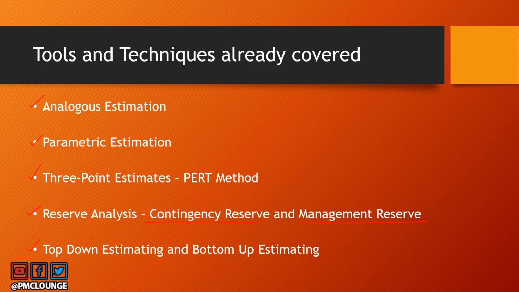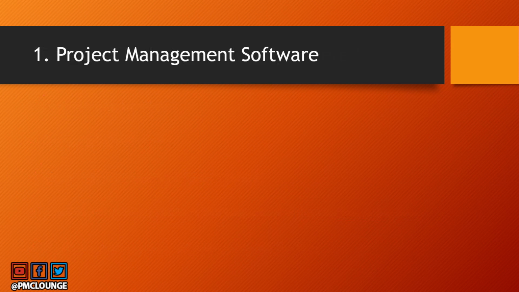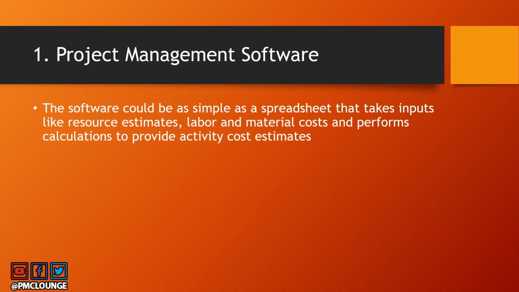Start off with the first one, which is project management software. So project management software, this is pretty straightforward, right? It is just a software for project management. It could be as simple as a spreadsheet. So you may have a spreadsheet software, and what it does is basically it is going to take inputs.